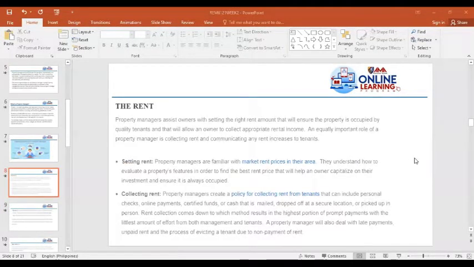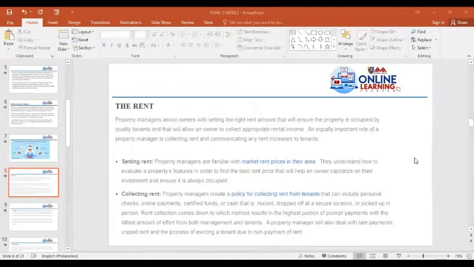For setting rent, property managers are familiar with the market rent prices in their area. They have to understand how to evaluate a property's features in order to find the best rent price that will help an owner capitalize on their investment and ensure it is always occupied.